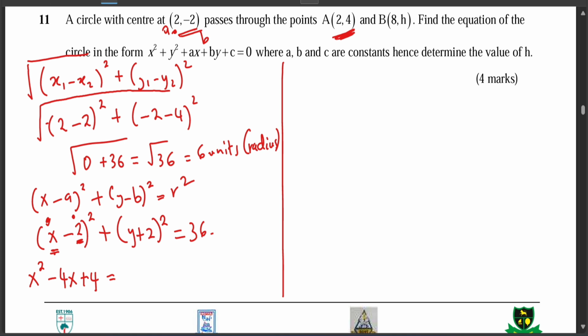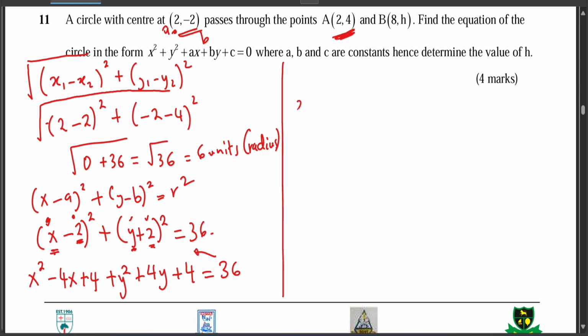So utafanya y squared, which gives you y squared, then wachukua 1 times 2, which is 2y, then times 2 itakupa 4y, then you square the last one, which is 2 times 2, which is 4, equal to 36. So now so 36 peleka the other side itakuwa ni minus 36.